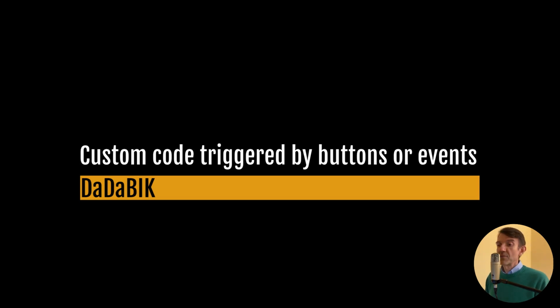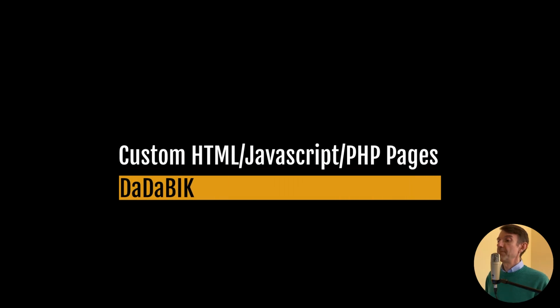Your code can also run automatically based on events. For example, after a record is created or updated, or after a user logs in. And if you need a completely custom page, you can build that too. It becomes part of your application, but you can use HTML, JavaScript, and PHP freely inside it.